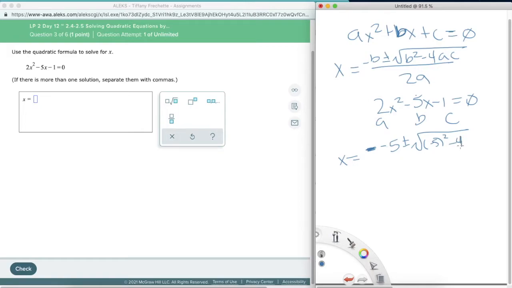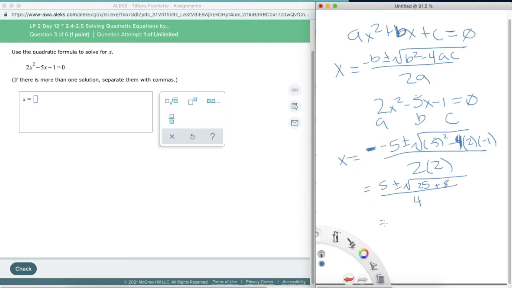This is always going to be 4 times a, which is 2, times c, which is negative 1, over 2 times a. All right, so let's reduce this. So negative, negative, that's a positive 5. Plus or minus, we get 5 squared is 25. Negative 4 times 2 is negative 8 times negative 1 is positive 8, over 4.